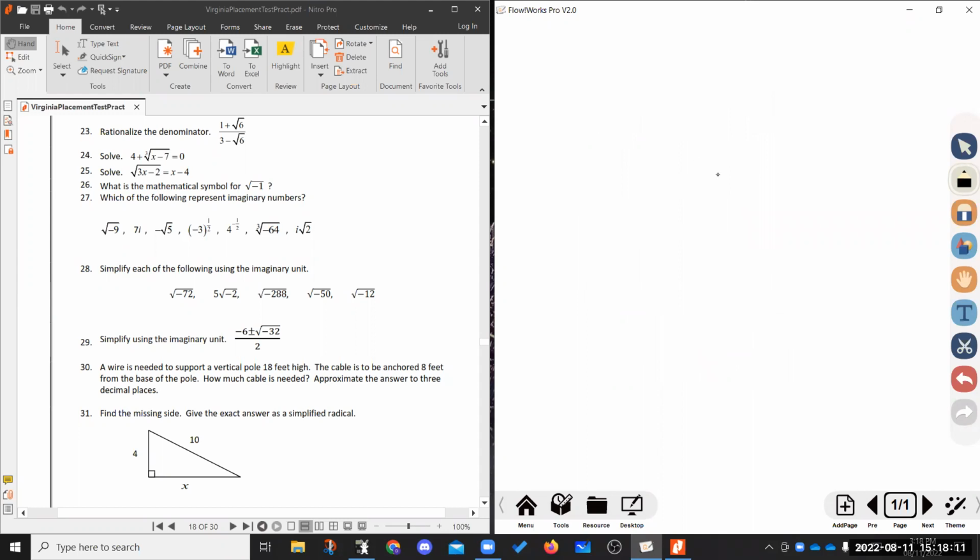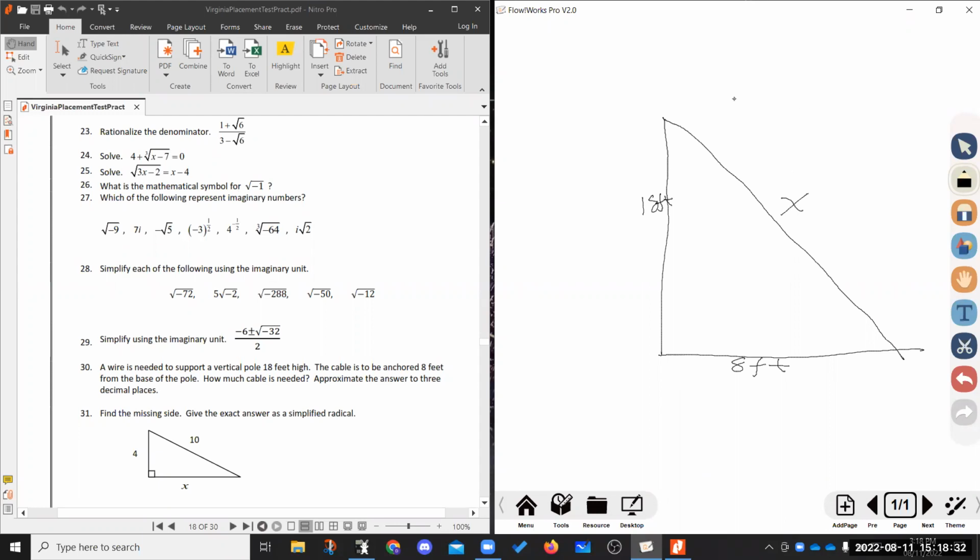Wire is needed to support a vertical pole. It's 18 feet high. I have the guy wire attached 8 feet from the base. Approximate the answer of the length of the cable needed to 3 decimal places.